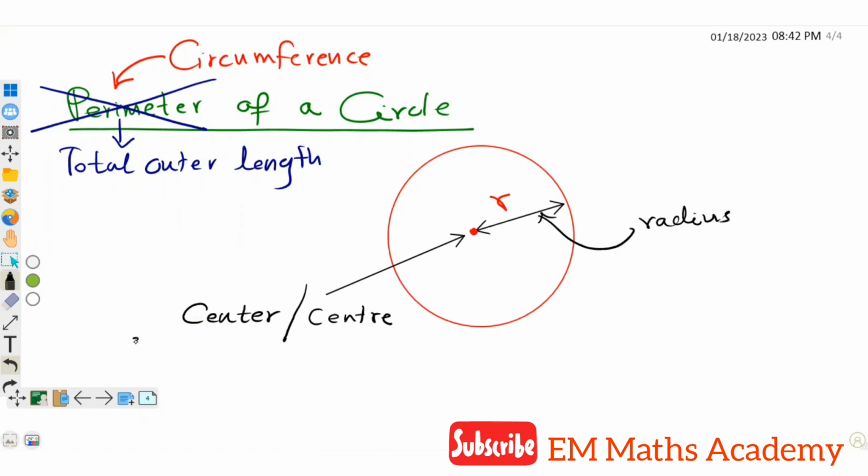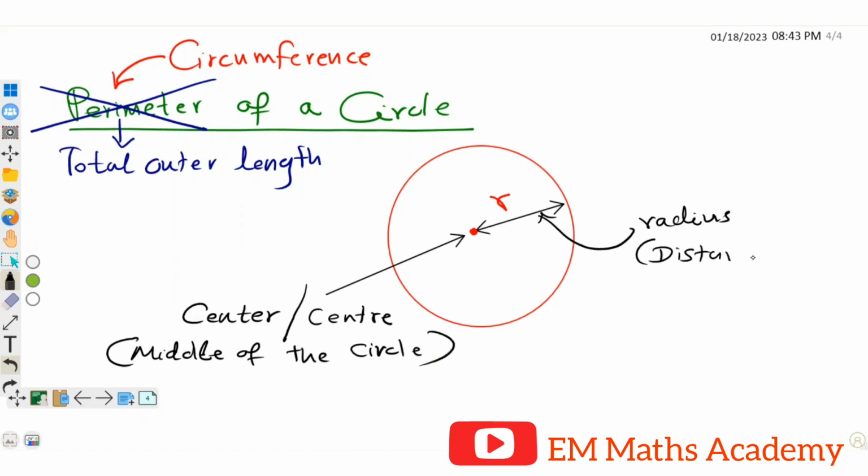Then center means the middle of the circle. Then radius is the distance between center and circle.